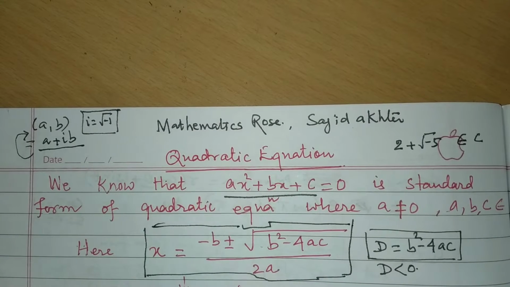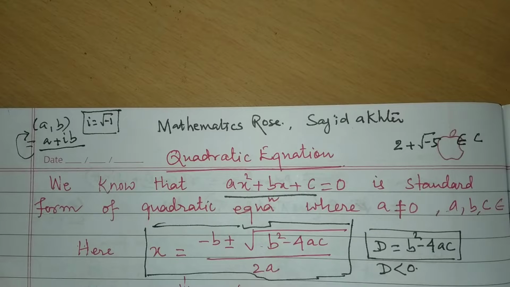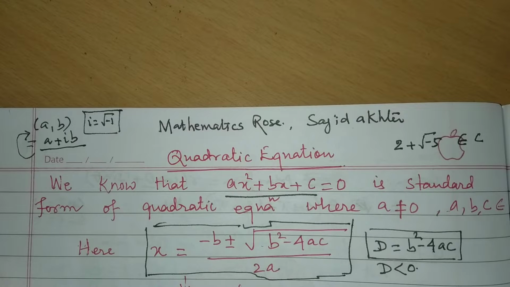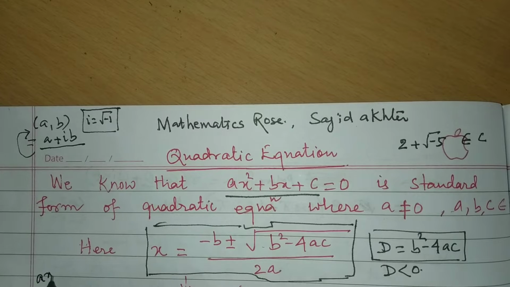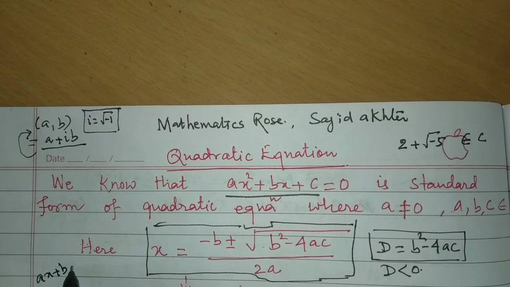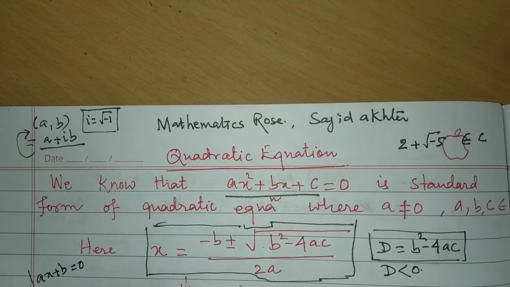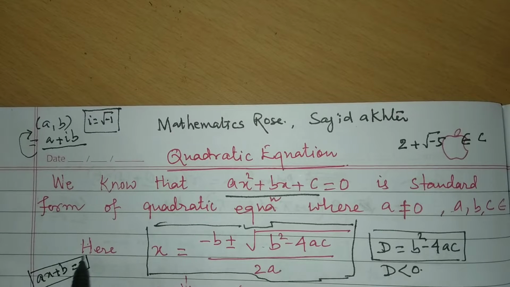Now a polynomial whose degree is 1, which type of polynomial is that? ax plus b equal to 0, this is the linear polynomial, where a is not equal to 0.